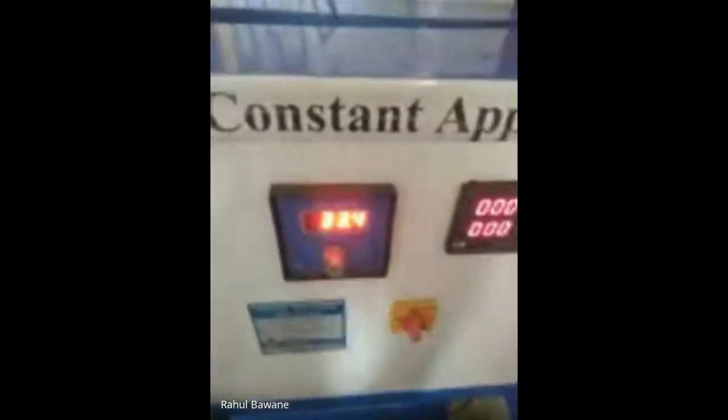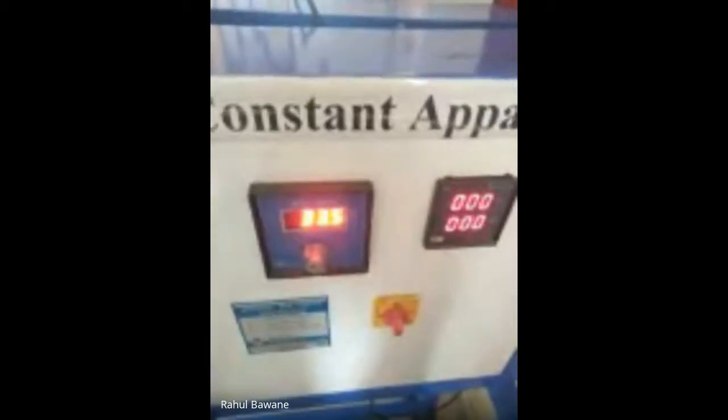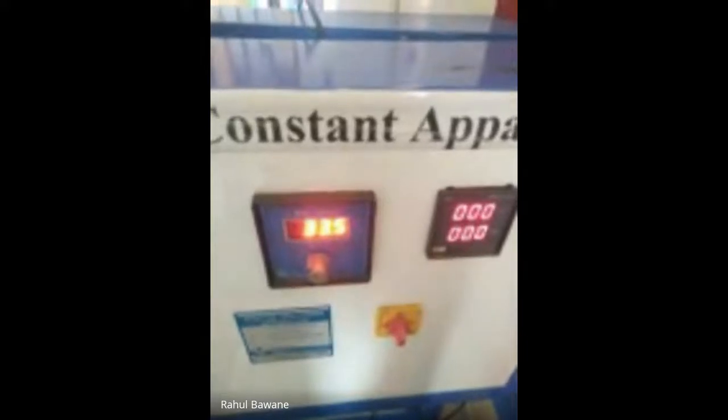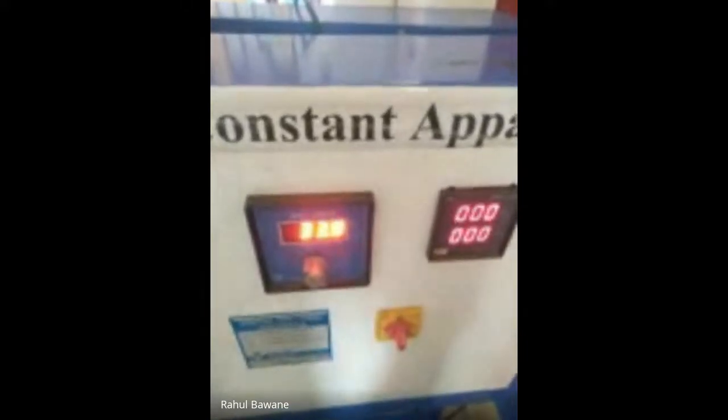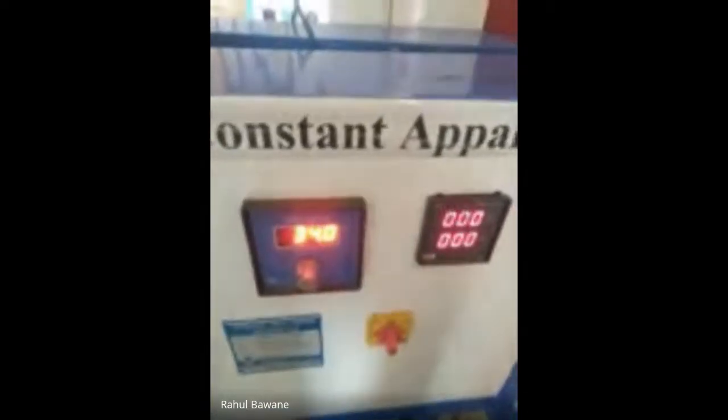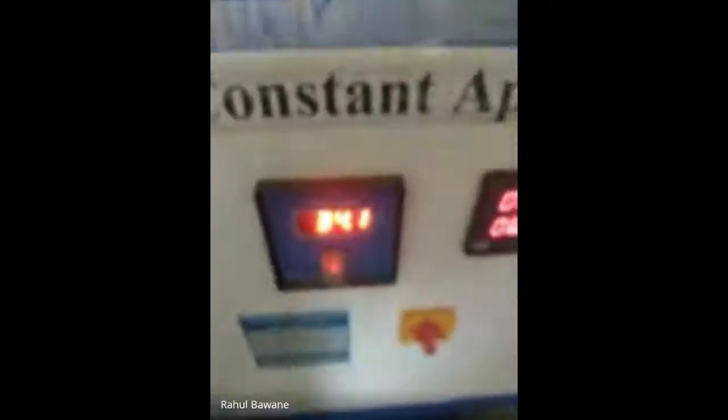Next 10 seconds, 33.8. Once 4 to 5 readings are noted down, remove the test disc outside, come back to the initial position and switch off your experiment.